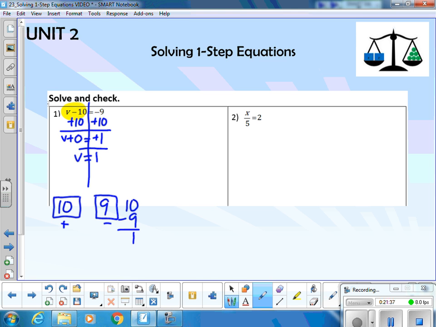V equals 1. Now in this one, I didn't give you a check space, but you can go ahead and add it in, and I would recommend this. So let's do our check step. Rewrite your equation.